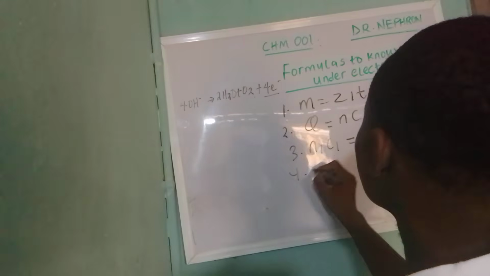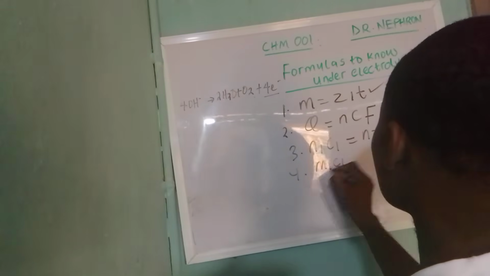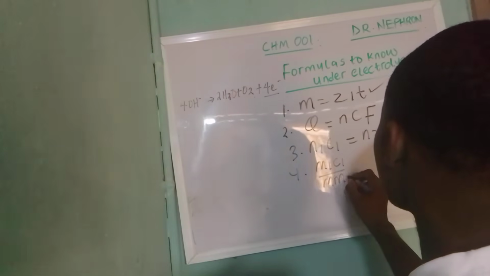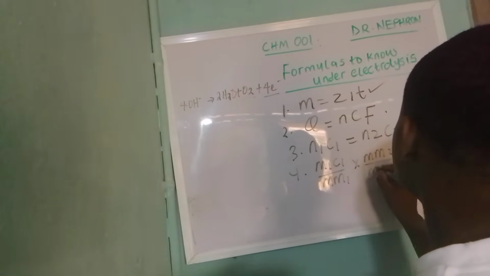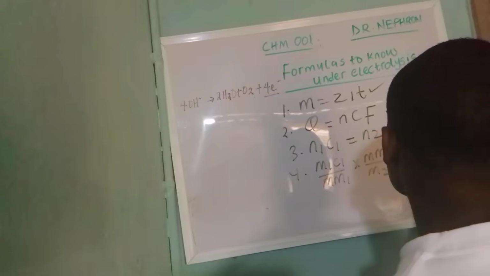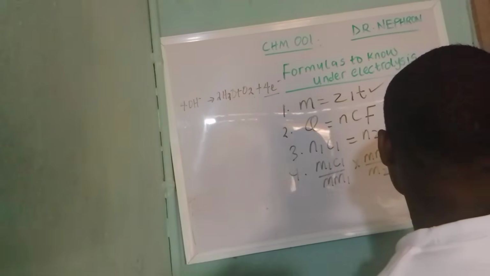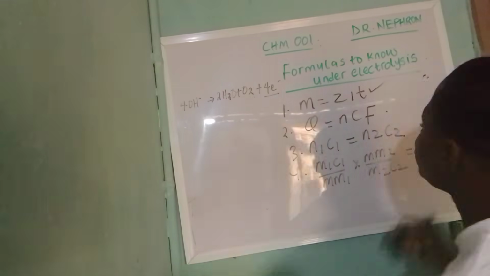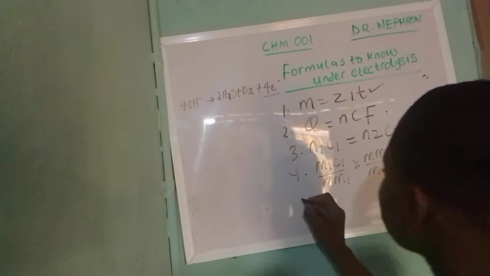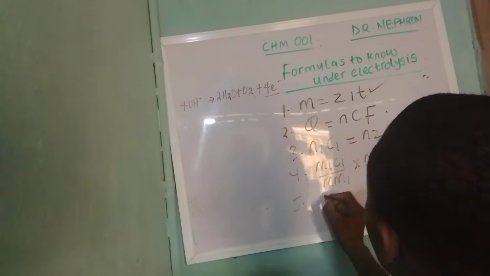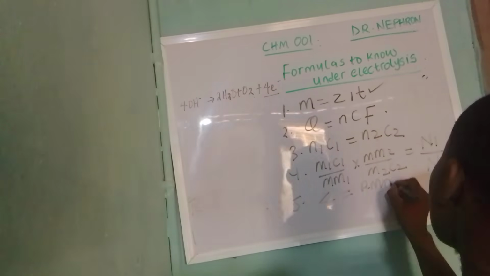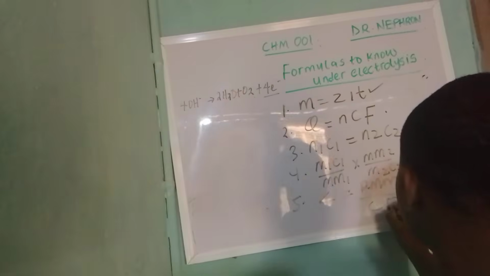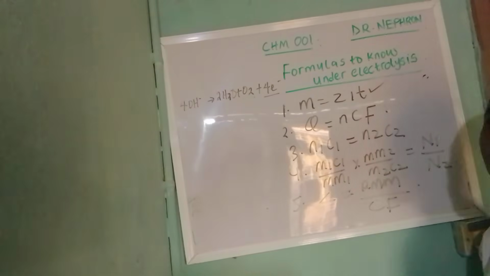Number 4 is M1C1 over MM1 times MM2 over M2C2 equal to capital N1 over capital N2. The one that I'm supposed to add is number 5, Z equal to relative molecular mass over CF. Hope you are getting that.